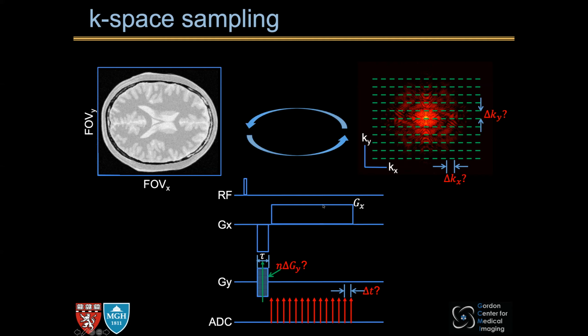If we translate all these parameters into the K-space, we're talking about what the sampling density in the K-space should be in the X direction and in the Y direction, and what the K-space coverage should be. Okay, so then let's discuss how to answer these questions.